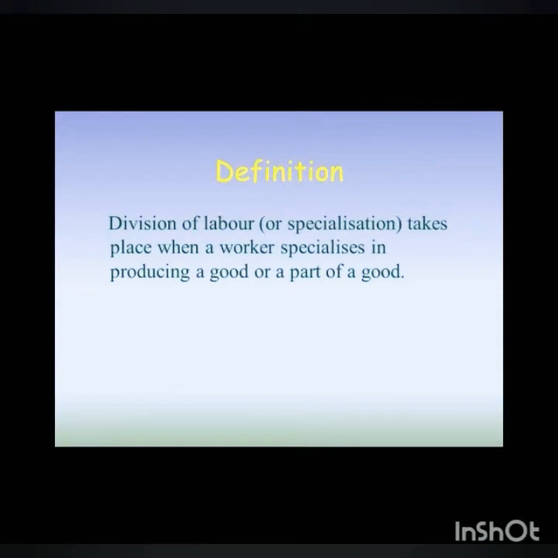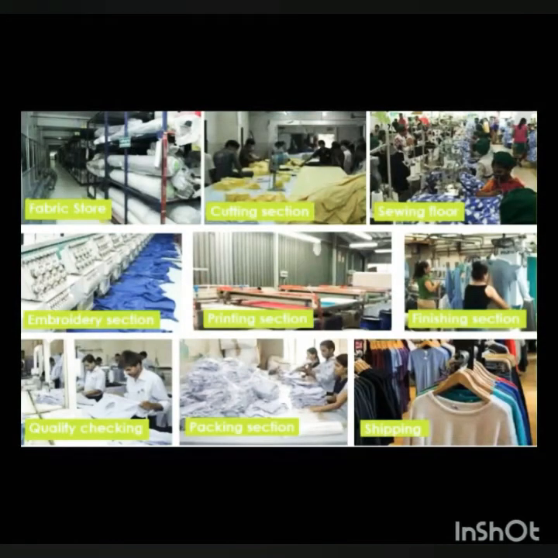For example, in large scale industries like garment exporters, cutting of cloth takes place in one department, and stitching of hand, stitching of button, and making collars, etc. take place in different departments, and finally the whole shirt is joined in another department. So the work is divided into various levels, which is called the division of labor.